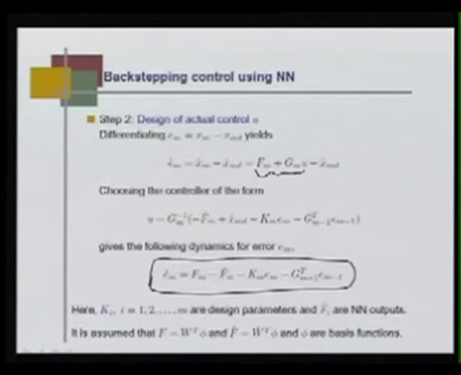ki, i equal to 1 to m, are design parameters, and the fi's are approximated by neural networks. We assume that each fi is approximated by w transpose phi, such that the estimated one is w hat transpose phi, and phi are the basis functions of the input.